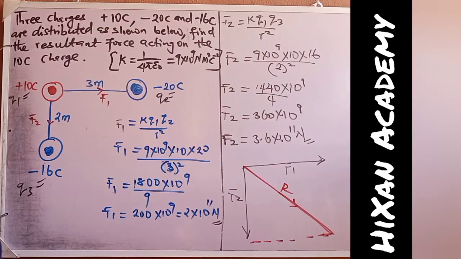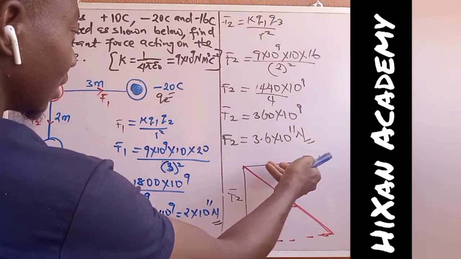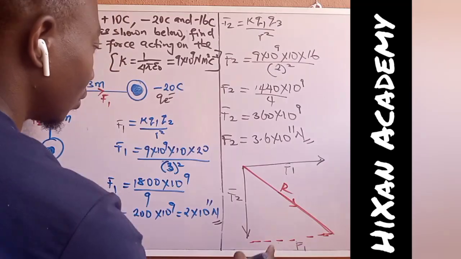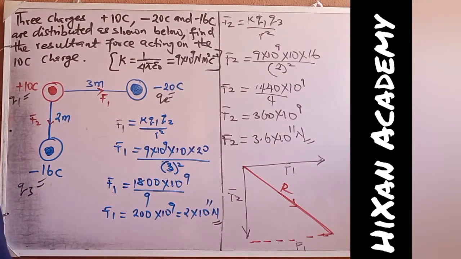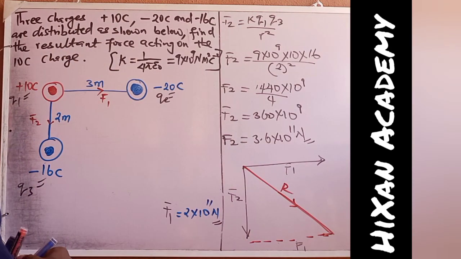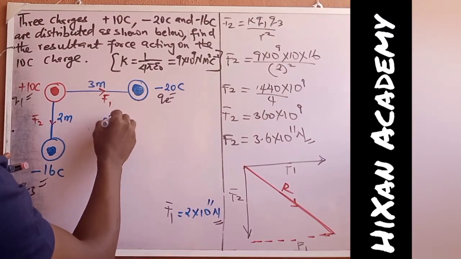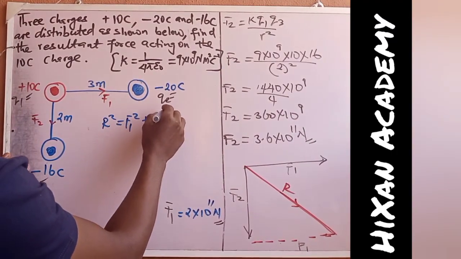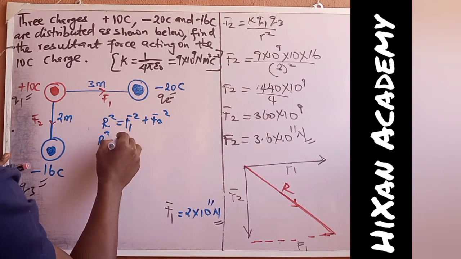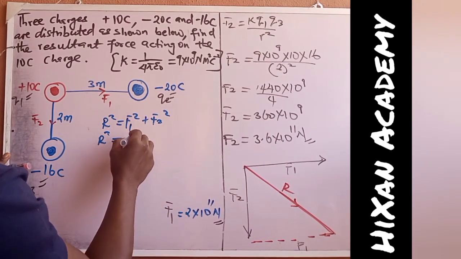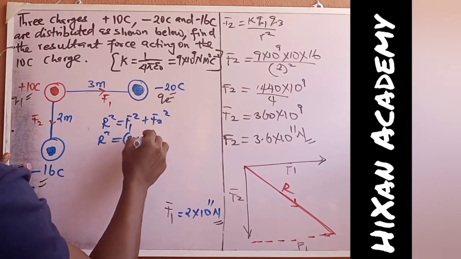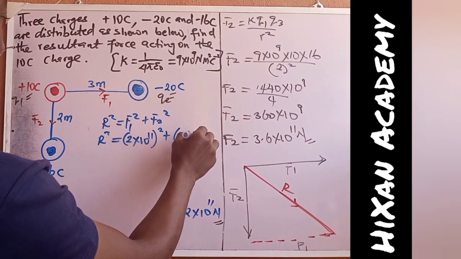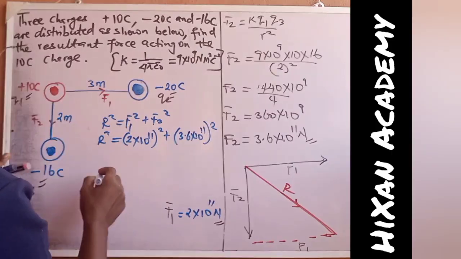So we can use Pythagoras theorem. If here is F1, then here also is F1. So by Pythagoras theorem, R squared should be F1 squared plus F2 squared. So R squared should be F1, 2 times 10 raised to the power 11 squared, plus F2, 3.6 multiplied by 10 raised to the power 11 squared.